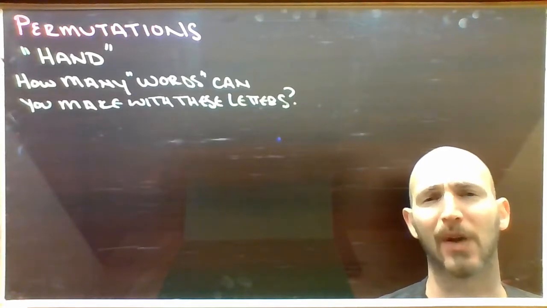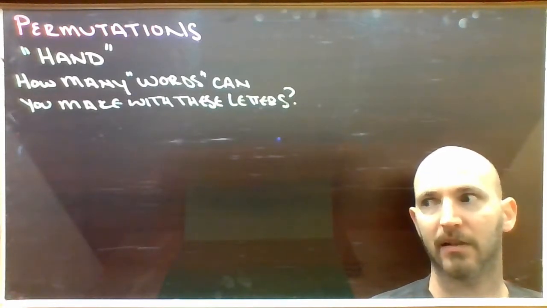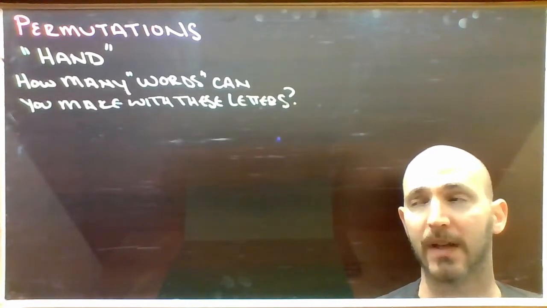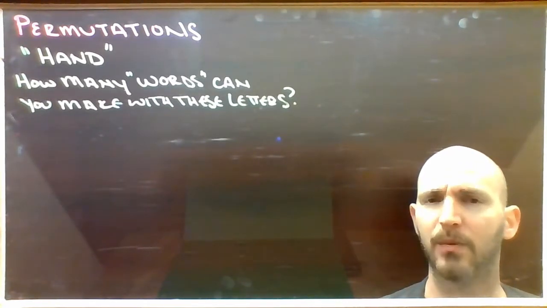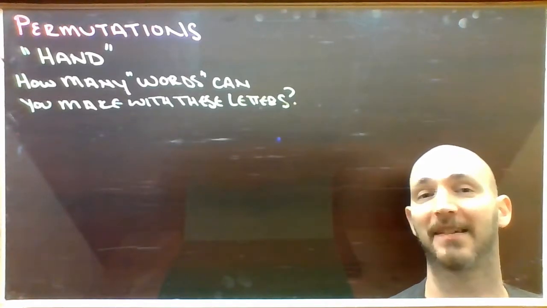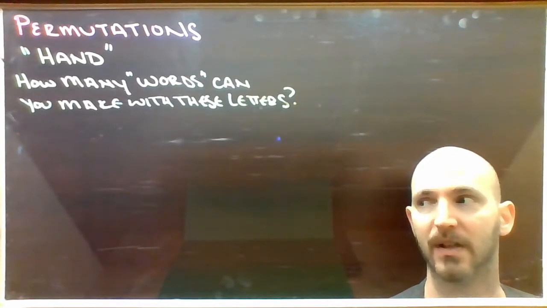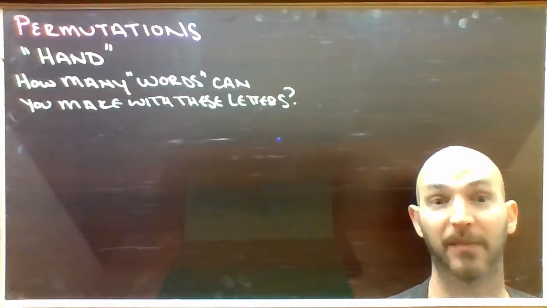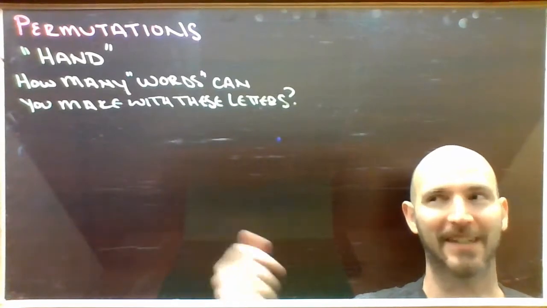How many of those are there? Lots. So if you had to actually write them all out and then count them, that would be exhausting. That would take just as much time as to actually break into someone's locker by brute force. So there must be a smarter way to do this. So let's find out what it is.